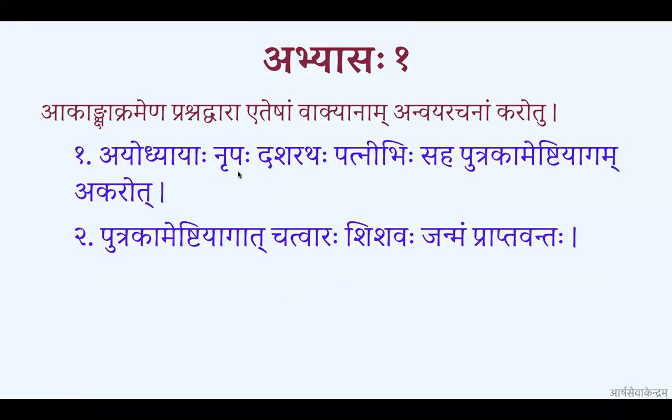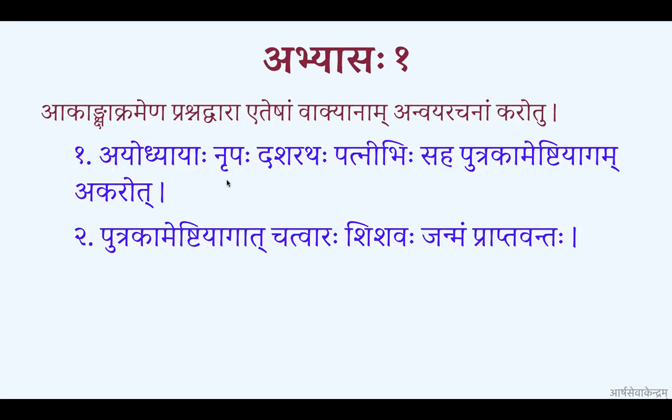But I want to correct one thing that I said wrong in the last class. Atra Nrupaha Dasharataha is there. I said this is a Visheshana Vishesha Bhava. It is not strictly correct. Even though the Linga Vachana Vibhakti of Nrupa is the same as that of Dasharatha, there is no Vishesha Visheshana Bhava, because the Nrupa Shabda exists only in Pullinga.